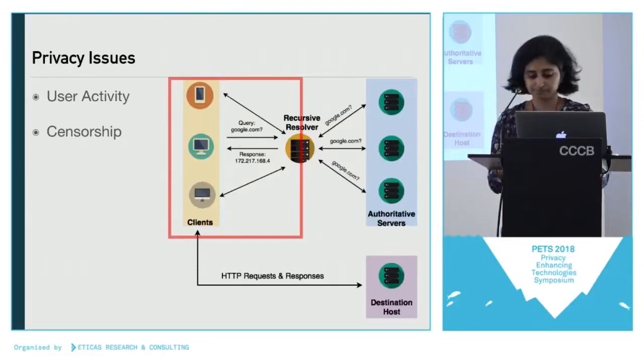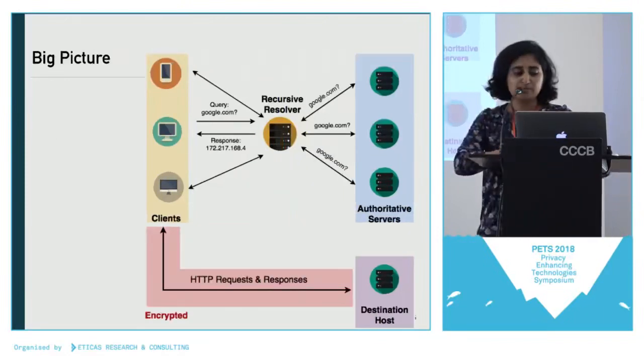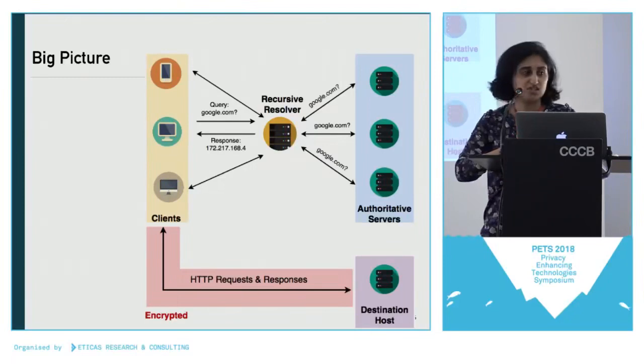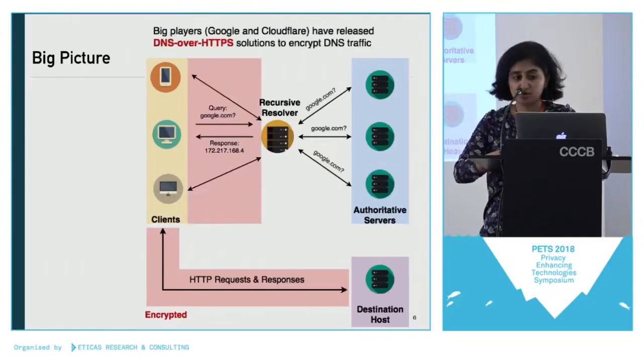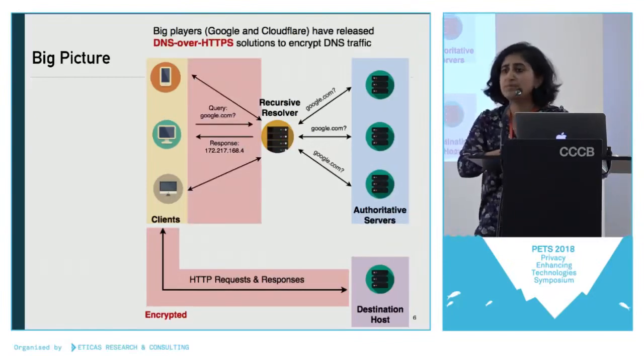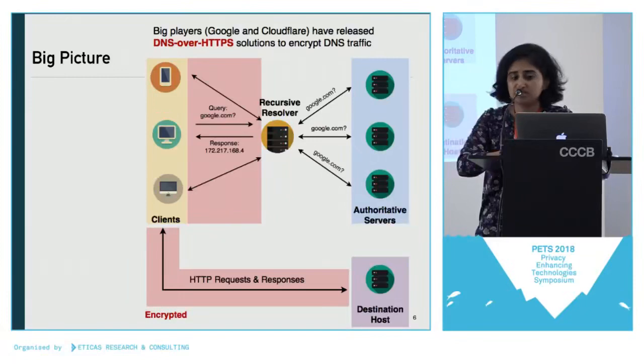If we look at the big picture right now, the idea is to encrypt the connection between the clients and the destination hosts using protocols such as TLS. The next step would be to encrypt the connection between the client and the recursive resolver. We already have certain big players such as Google and Cloudflare that have released solutions using DNS over HTTPS to encrypt the DNS traffic between the client and the recursive resolver.